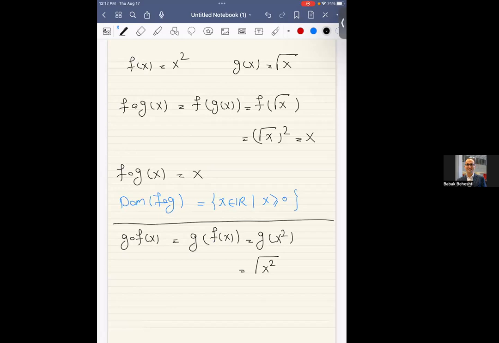Square root of x squared. Let's say that x equals -3. What is the square root of -3 squared? It's 3, right? So this is the absolute value of x.